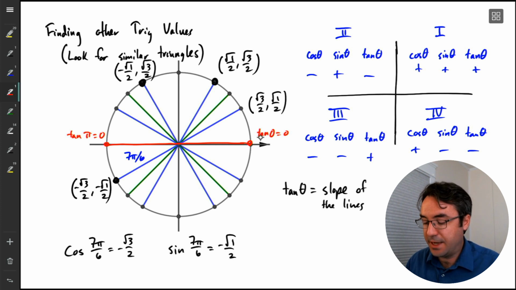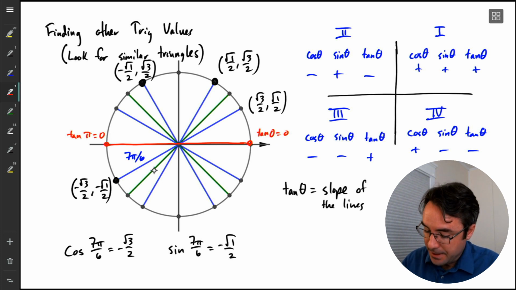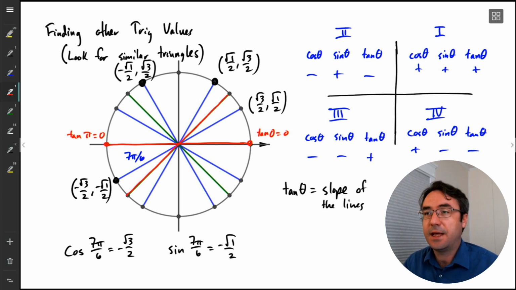So the slope of this line is 0, and the portion over here is when we have theta equal to 0, and then the portion over here is when we have theta equal to pi. So that means tangent of pi is 0 and tangent of 0 is 0. Now if we look on this line, this is the line where y is equal to x, so the slope is 1.